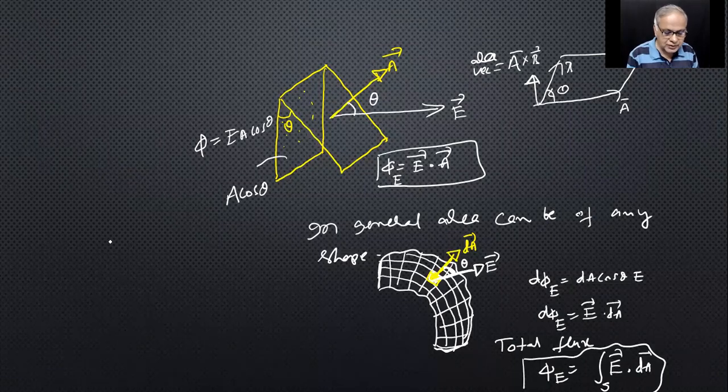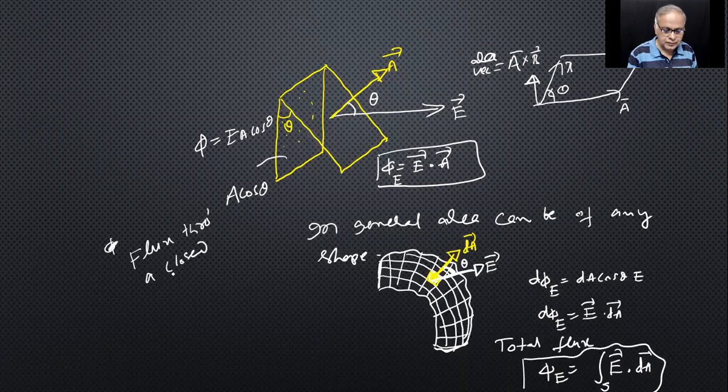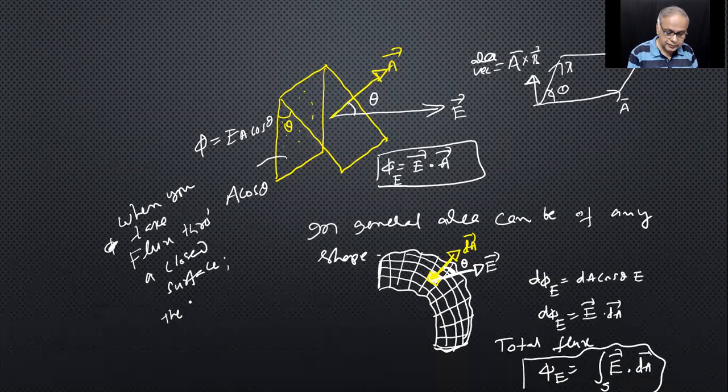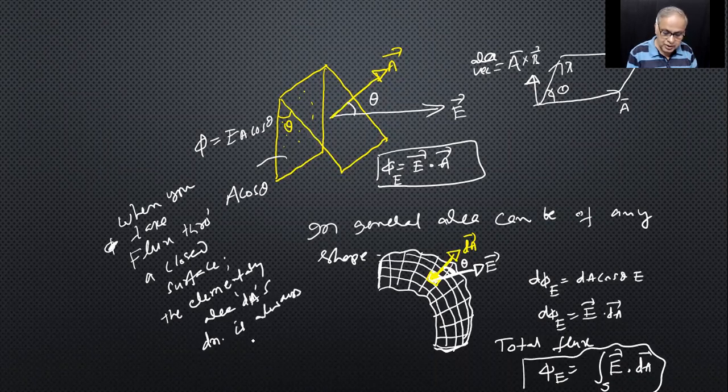But flux through a closed surface, when you take a closed surface, the elementary area dA's direction is always along the outward normal.